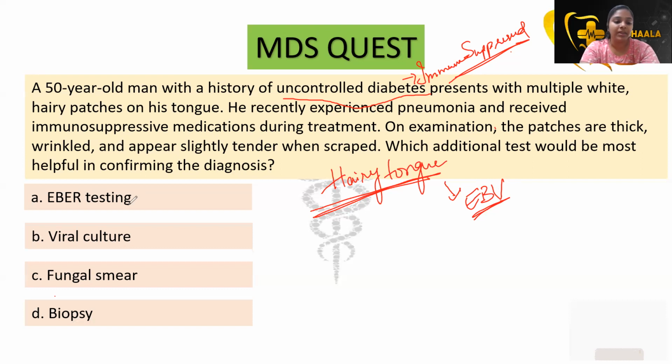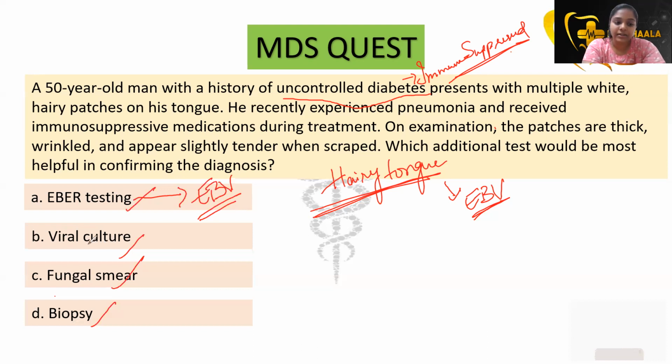They have given EBER testing, viral culture, fungal smear, and biopsy. EBER testing will of course detect EBV, but it does not confirm that it is not a cancerous condition. That is not given by EBER.